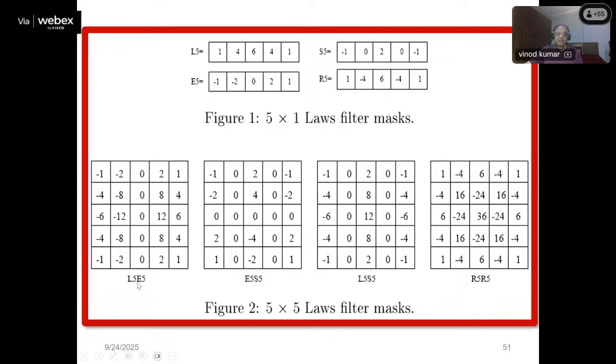So we get L5, E5, S5, and so we get a two-dimensional filter mask. With this mask, we operate on the SROI, that is, on the image.